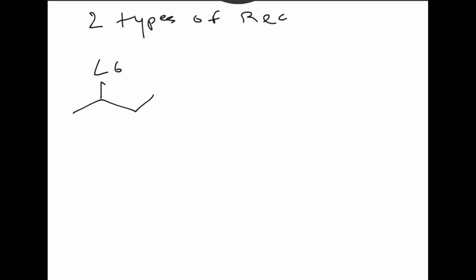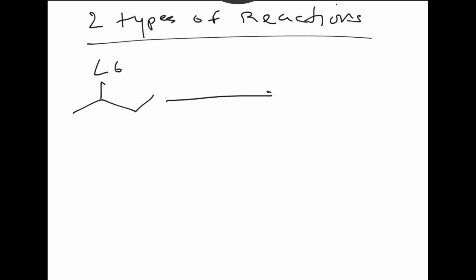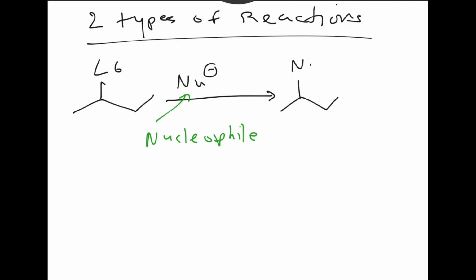So we have two types of reactions that can happen here. You have a nucleophile, and that nucleophile will replace the leaving group. So you'll replace the leaving group with the nucleophile.